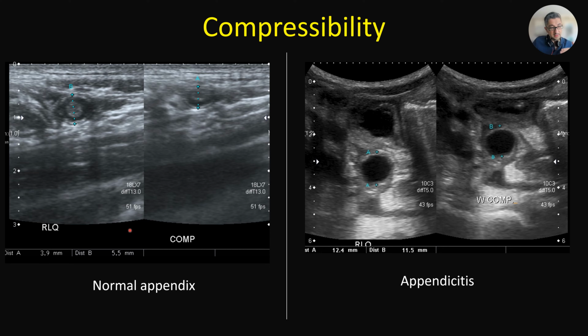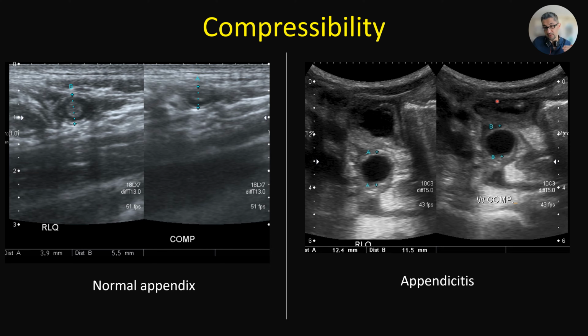Compressibility here, in this case, we see a normal compression of an appendix. It's very subjective and dependent on where you compress the appendix. Some part of the appendix may be more compressible than the other parts, and you can tell if the compression is adequate by looking at the soft tissues.